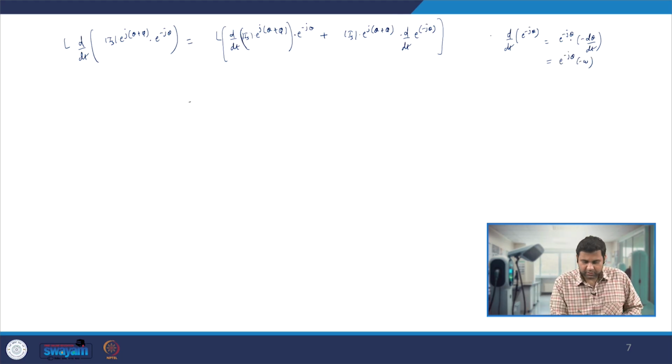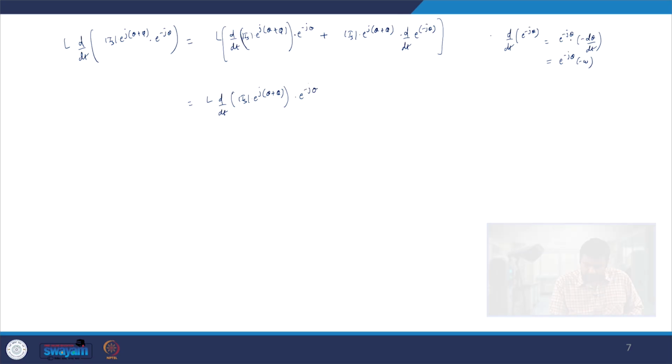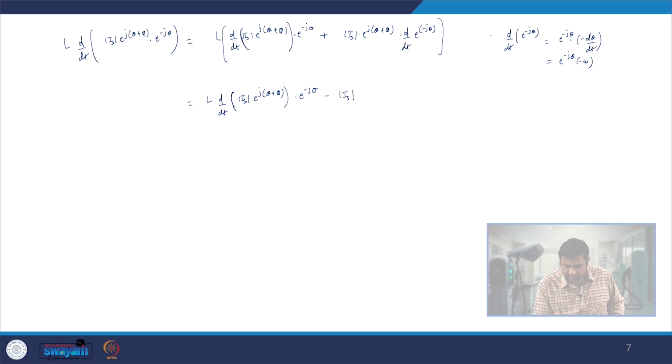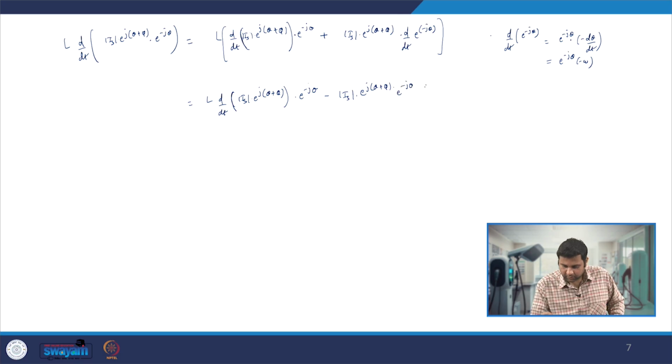Now when we put this here, we will get L d by dt minus modulus Is e power j(theta plus phi) e power minus j theta omega, and here again L will come inside.